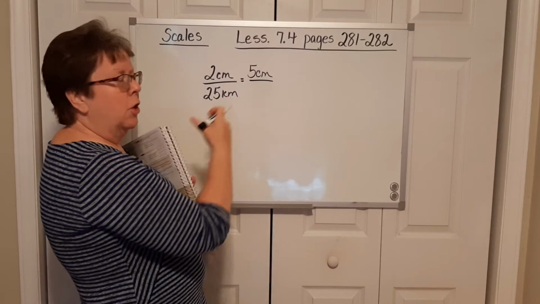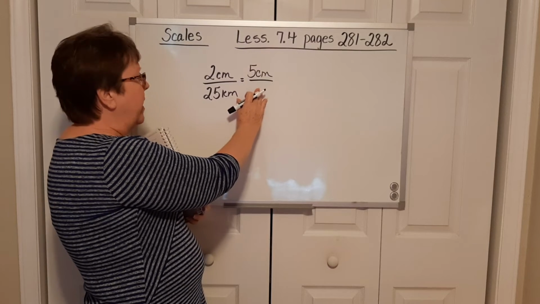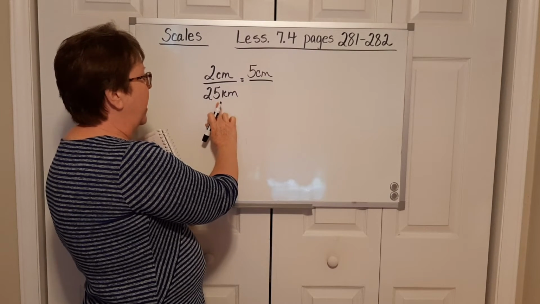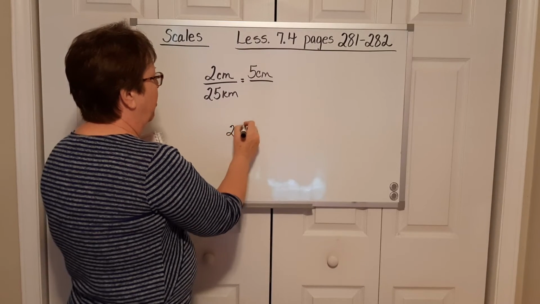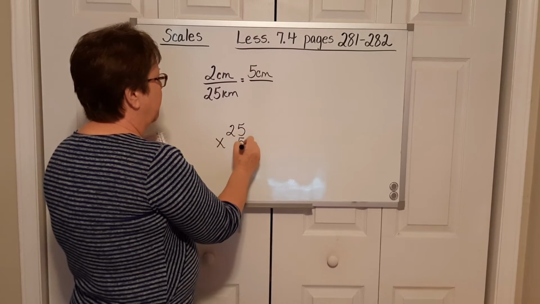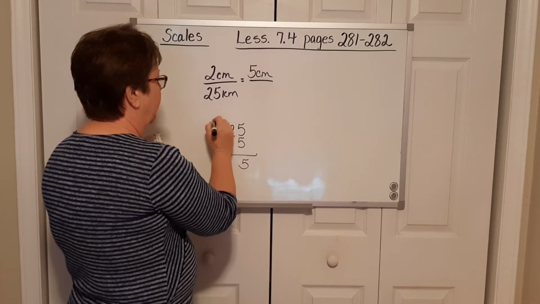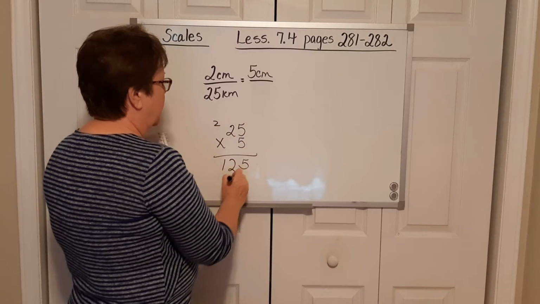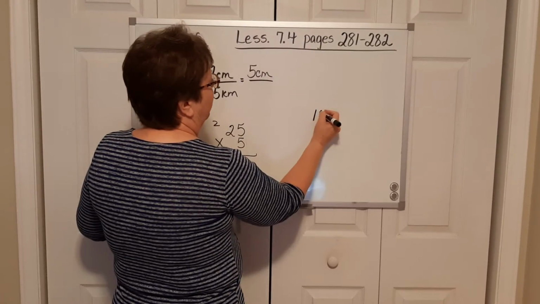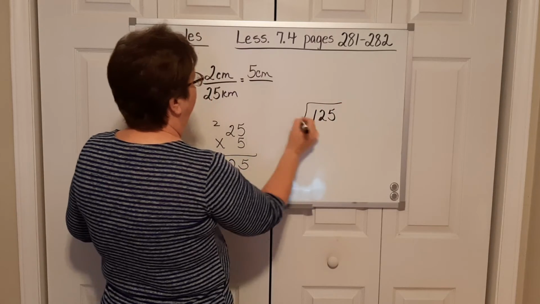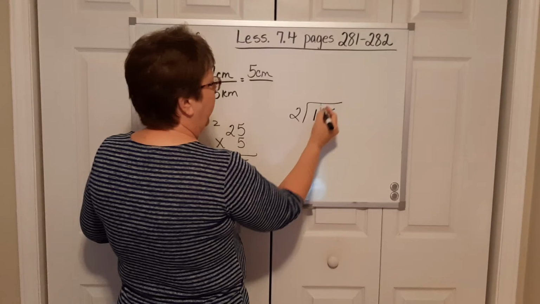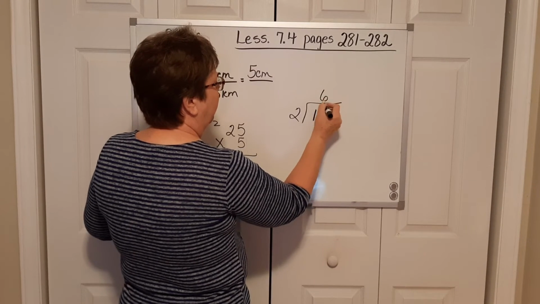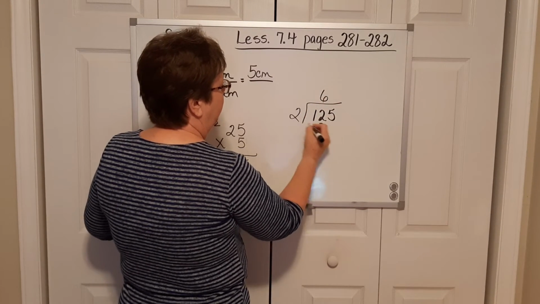Again, to find your answer here, you're going to have to take 25 times 5, which is 125. Then we'll take our 125 and divide it by our 2 to give us the answer here. 2 goes into 12 6 times. 2 times 6 is 12.